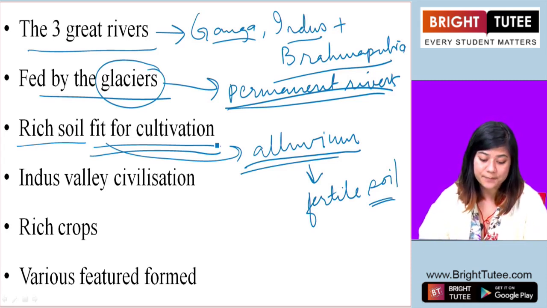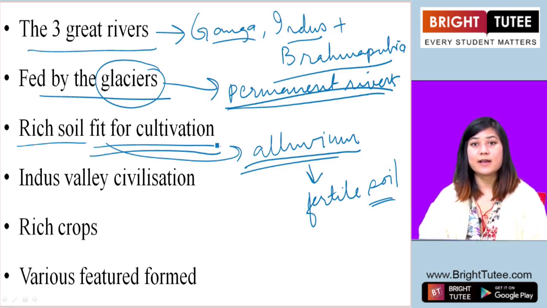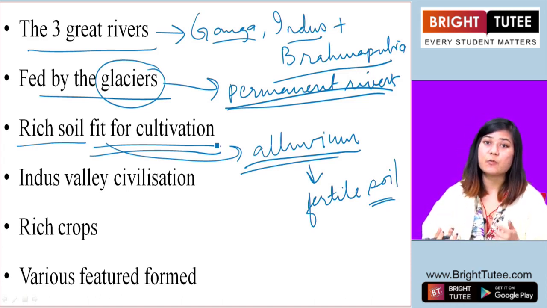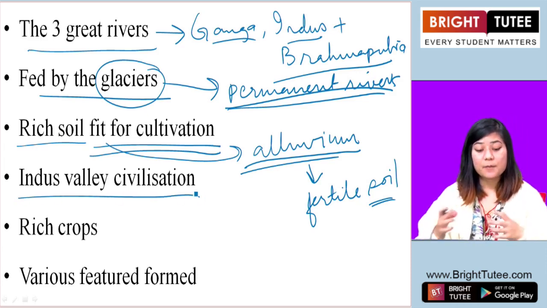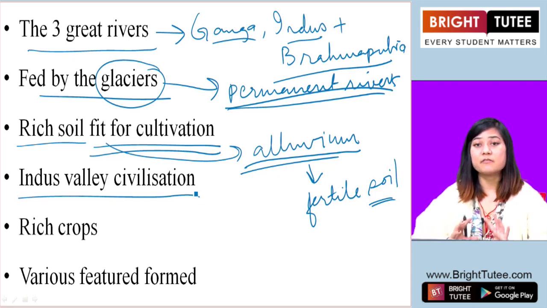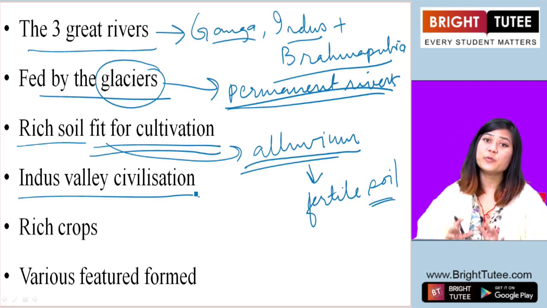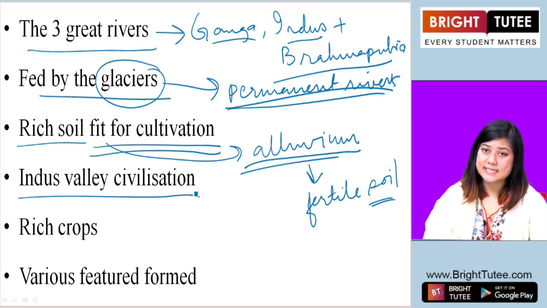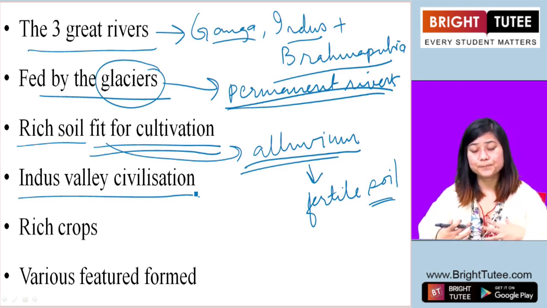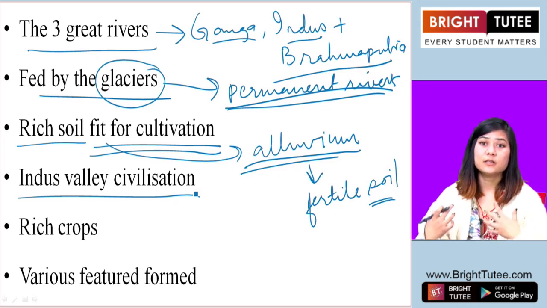And this area, because of its rich soil, has also seen one of the oldest human civilizations, which is the Indus Valley civilization. Because of this area being rich and fertile and fed with rivers, people settled here because they could grow their crops. They had all the basic necessities they needed to build their civilization, to have a livelihood.